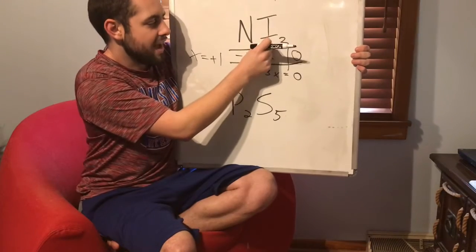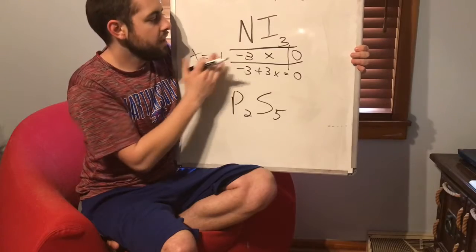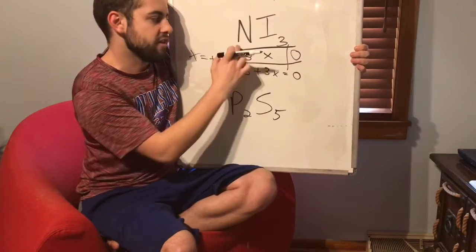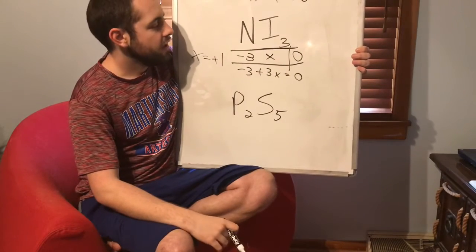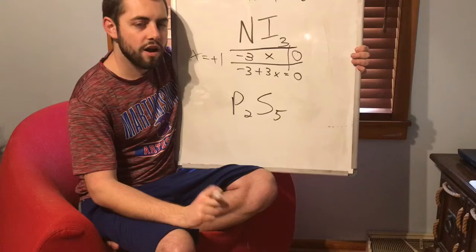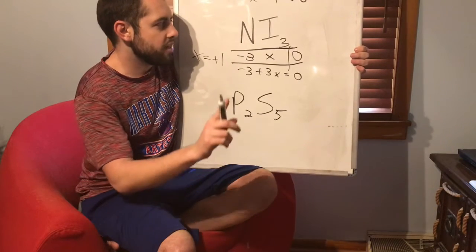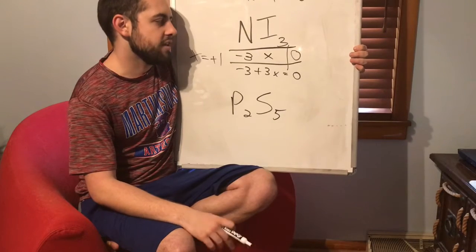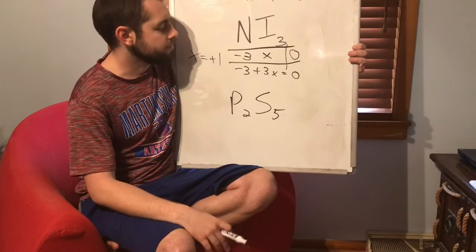Having 3 iodines in this compound that are all unstable, this is an incredibly unstable chemical right here. This is actually an explosive, nitrogen triiodide. It's so unstable, so reactive, that you could touch it with a feather, and that's enough to make it explode into this big purple ball of cloud of smoke.